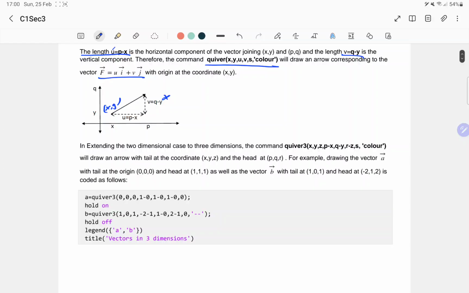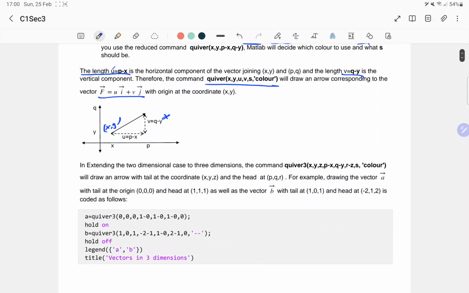In extending the two-dimensional case to three dimensions, we say quiver3, with x, y, z, p minus x, q minus y, r minus z, s and color.